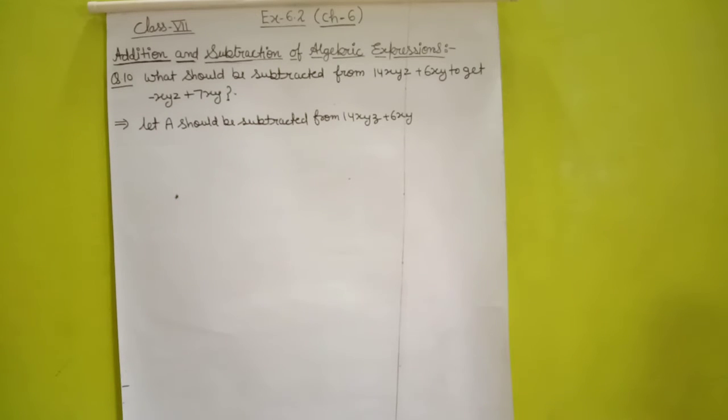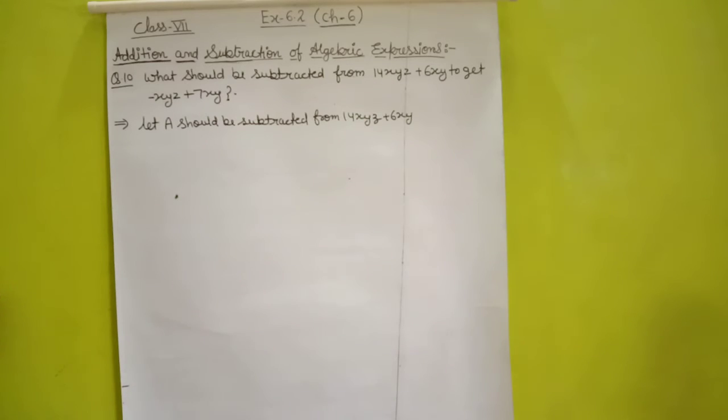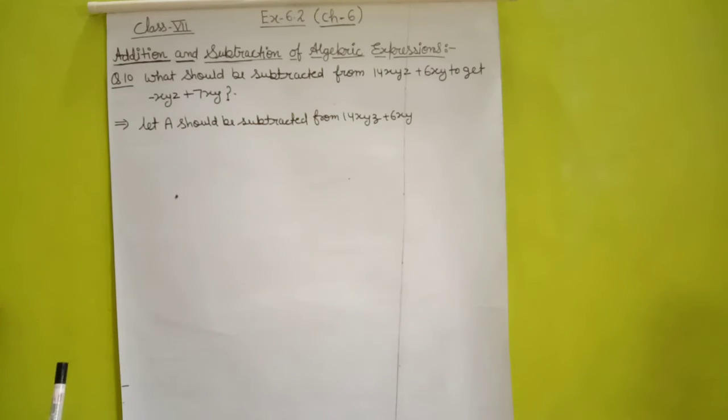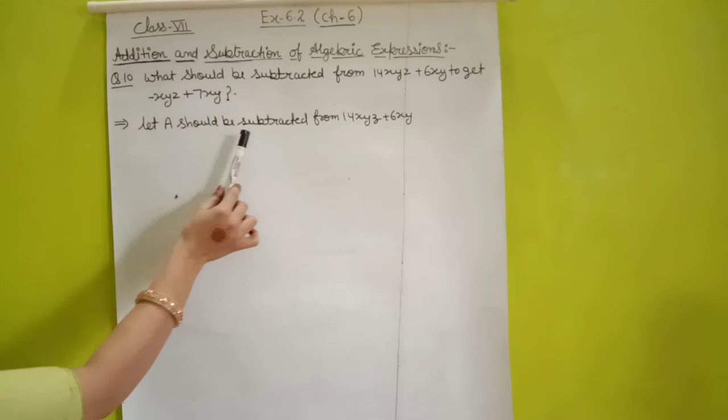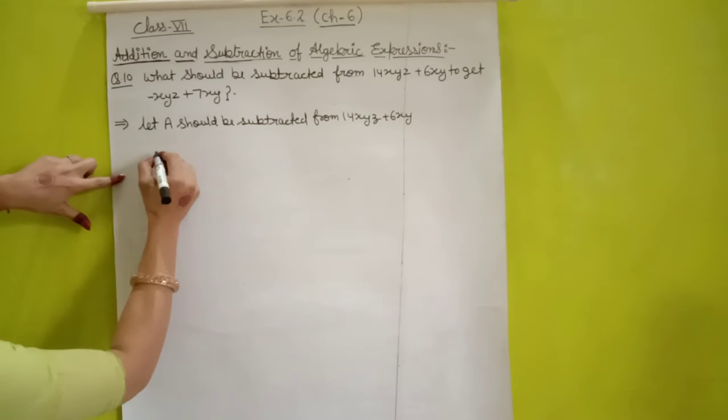Okay, it means something we are to subtract from 14xyz plus 6xy, then we will get as an answer minus xyz plus 7xy. So students, first of all we don't know what we are to subtract. So here let a be subtracted from 14xyz plus 6xy.